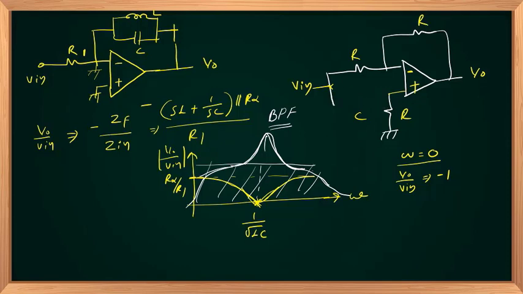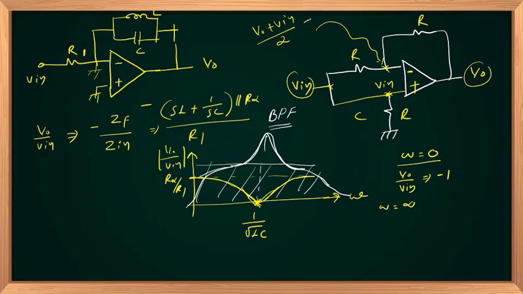If omega is equal to infinity, the capacitor acts as a short circuit. So V in comes here at omega equal to infinity. With negative feedback, V plus equals V minus. V minus is nothing but how much? V out and V in with equal resistors, so (V out plus V in) upon 2.